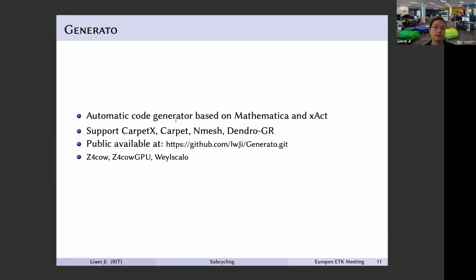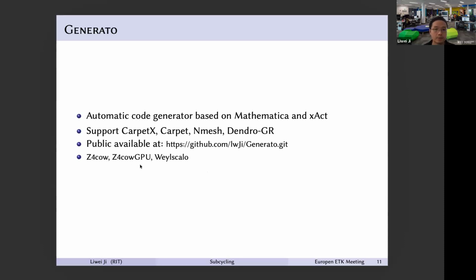We use this new code generator called Generato, which now supports both CarpetX and Carpet, and also two other codes. Now we already use this code generator to generate two versions of Psi4C. Psi4C is just a re-implementation of the Psi4 code, which exists in the spacetime repo already.